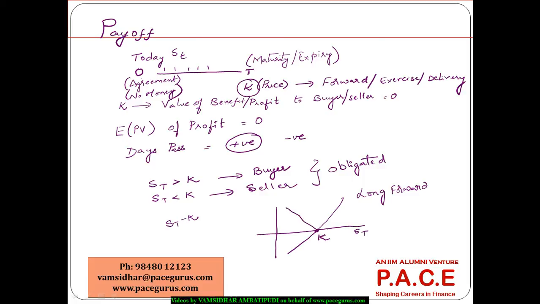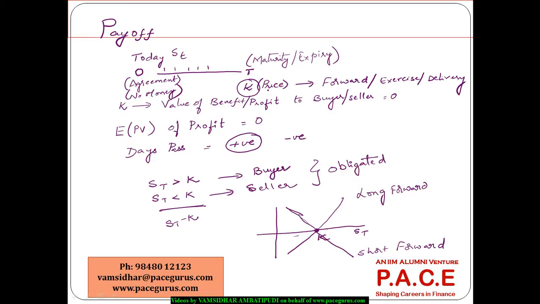Whereas exactly the opposite lies for a short forward, because the short is really going to gain if the market price is lesser than K. As the market price goes lesser and lesser, it's going to be a gain to the short position, and as the market price goes higher and higher, it's going to be a loss to the short position.